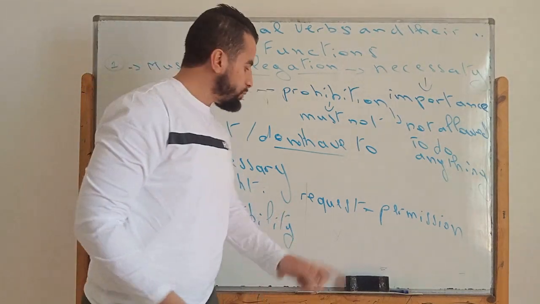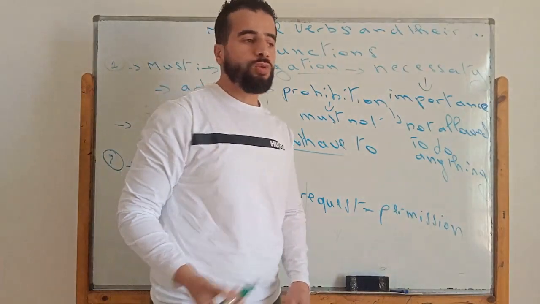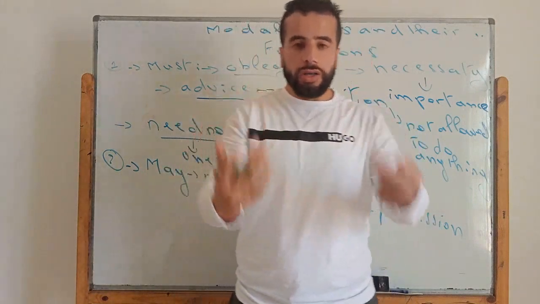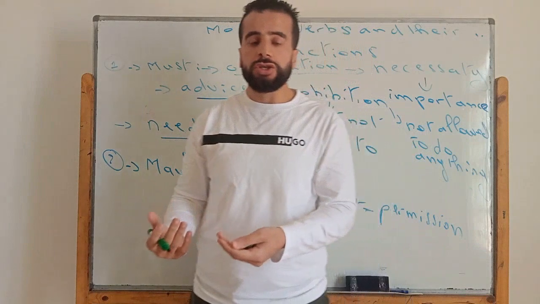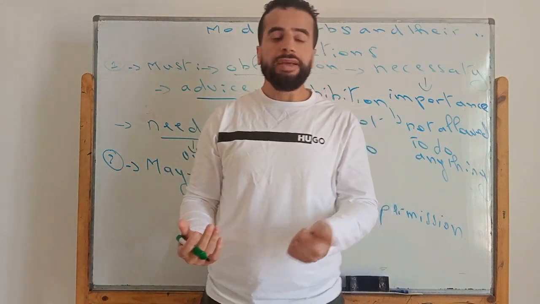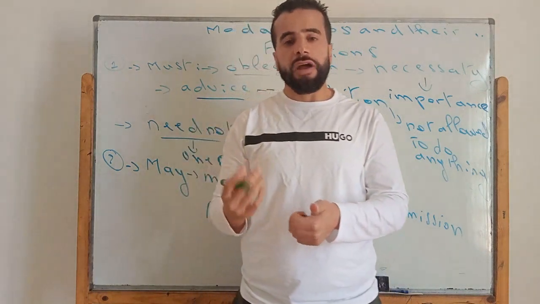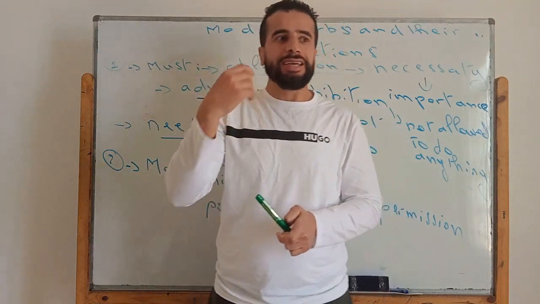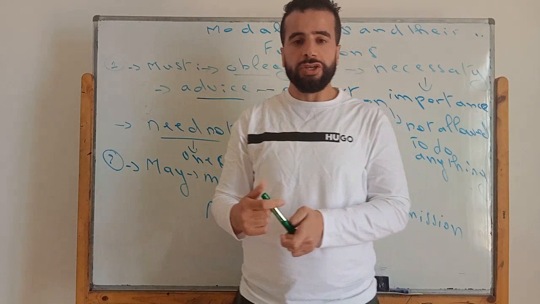Possibility. So when we express a request, we use the word may, right? So when we want to ask or to express a request, we can use may, especially in a very exact, or let's say special situation.